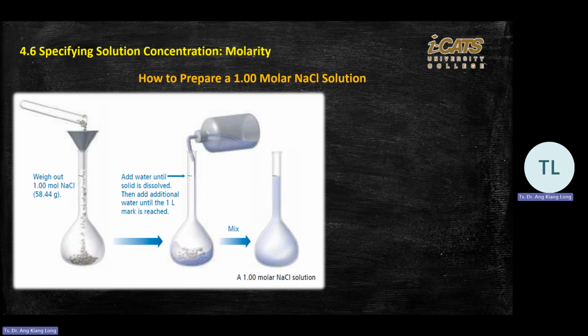Now from this slide, you already know 1 mole of NaCl concentration will have 58.44 gram over 1 liter. 58.44 gram NaCl over 1 liter is called concentration.